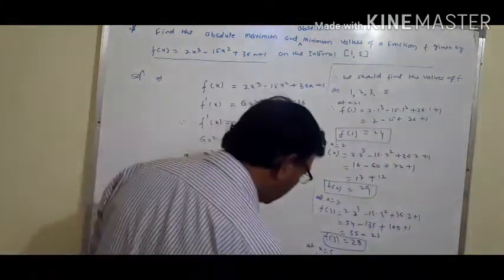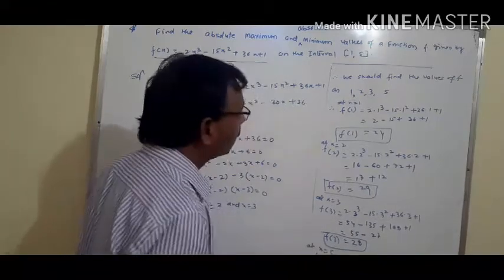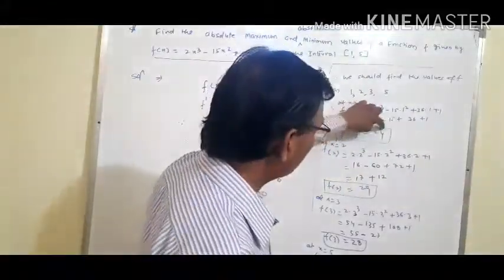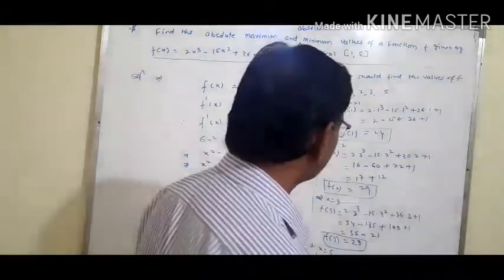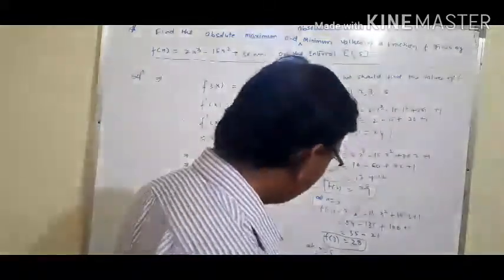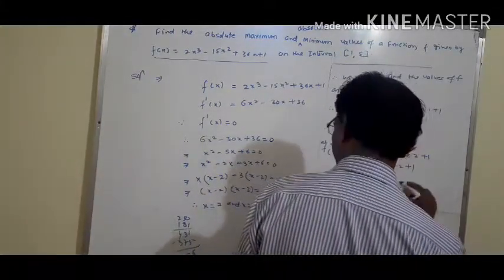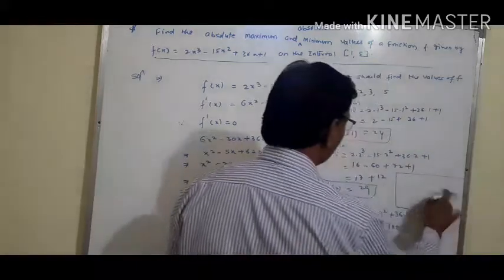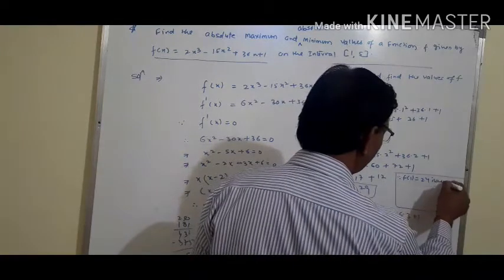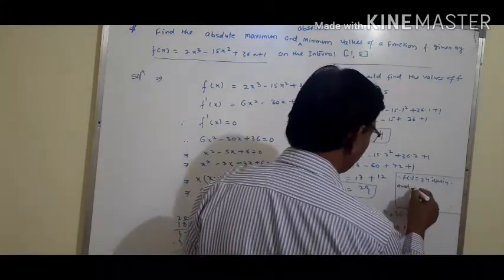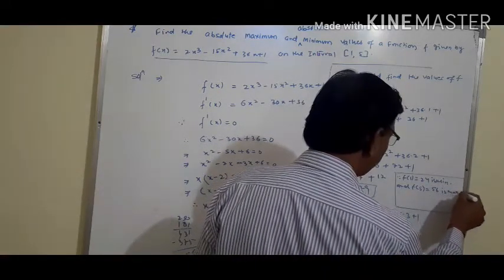Now you can see here there are 4 values. f of 1 equal to 24, f of 2 equal to 29, f of 3 equal to 28 and f of 5 equal to 56. Since 24 is the least and 56 is the most, we can write here: f of 1 equal to 24 is the minimum and f of 5 equal to 56 is the maximum.